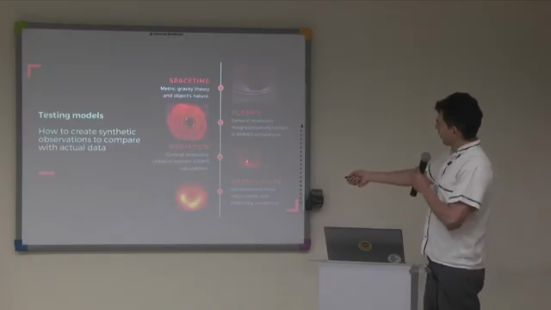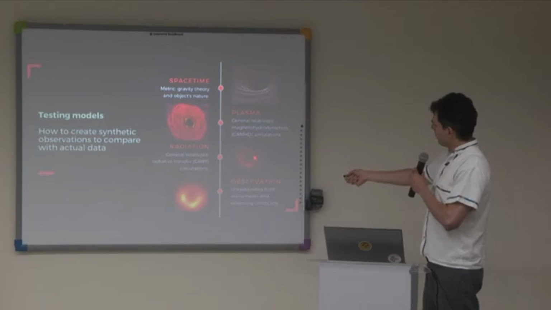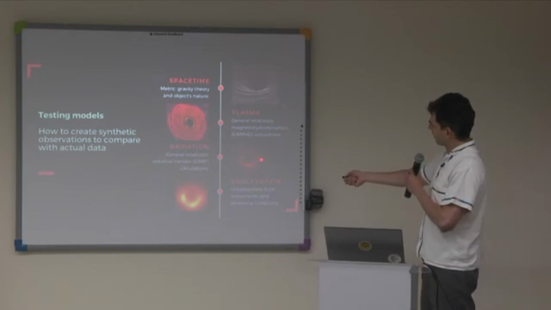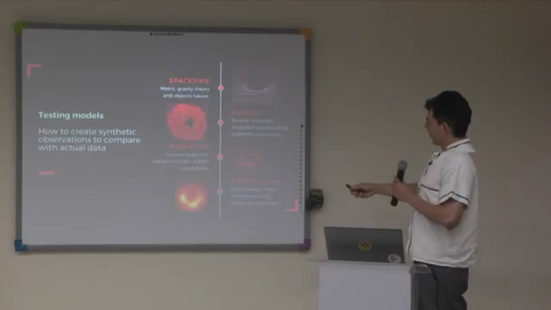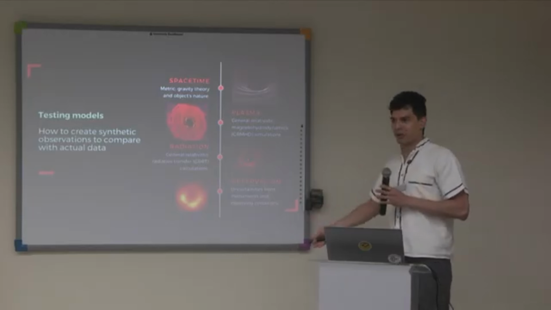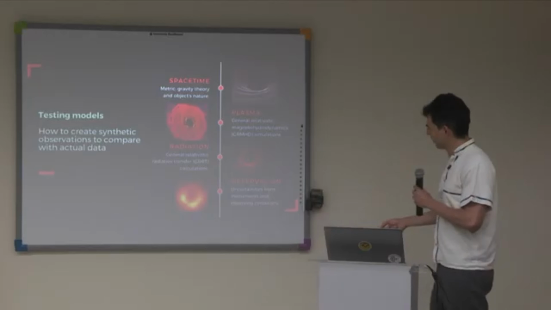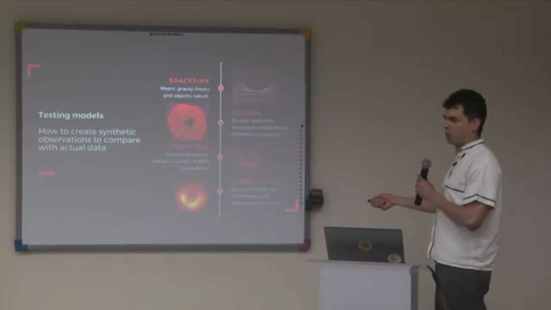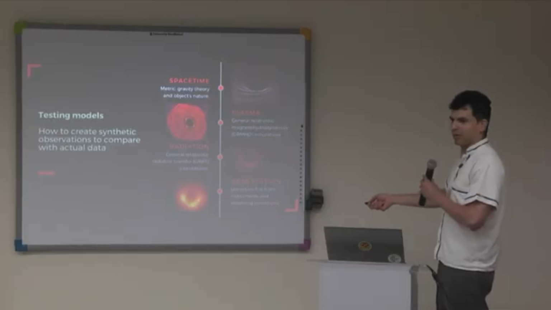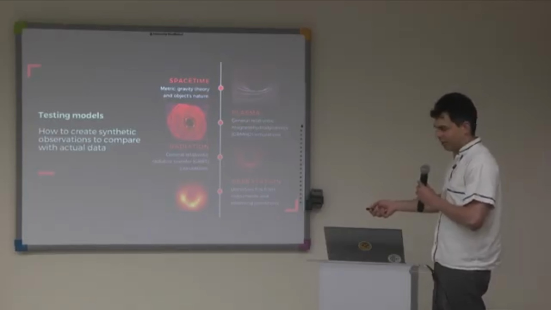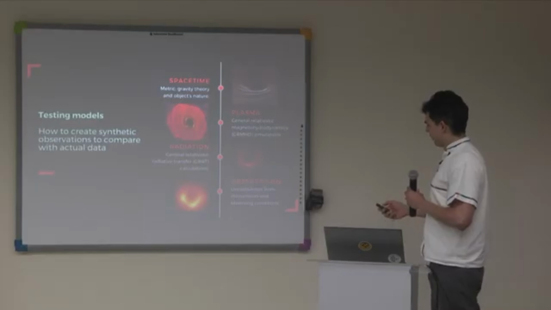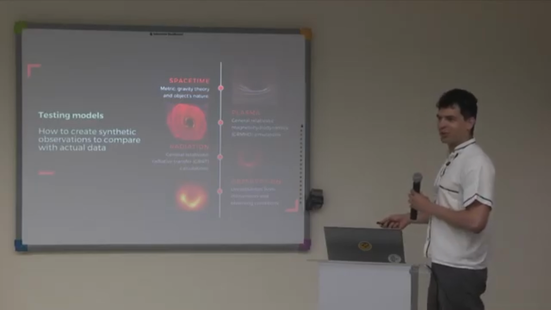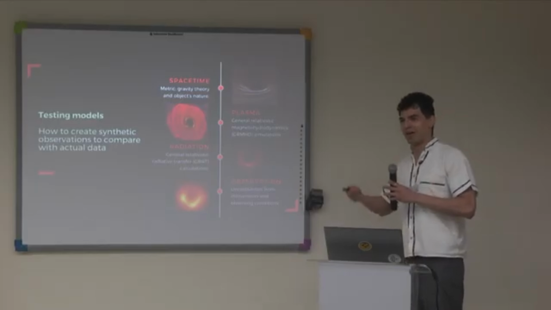Then this is an image produced from a GRRT simulation, performed with the code that we will learn in the second half of tomorrow's lecture. And finally, this is a synthetic image also of a simulation. So this is not the actual image that was obtained by EHT, but it's a simulated image. This we will not learn how to do, but we will learn the basics of how this is done.